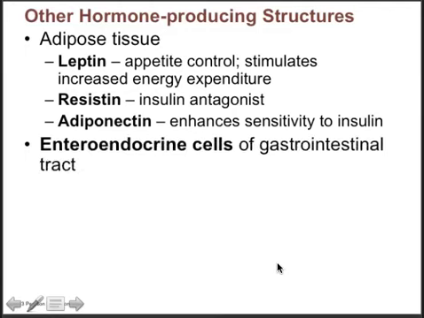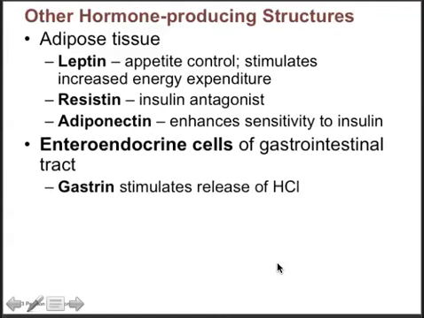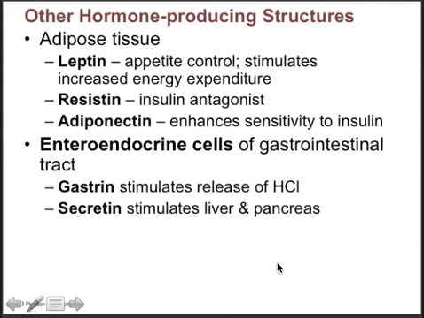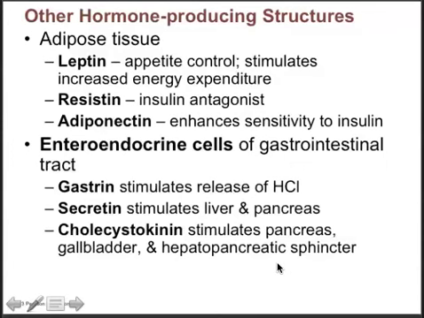There are also enteroendocrine cells in the GI tract, such as gastrin, which stimulates the release of hydrochloric acid from the gastric mucosa in the stomach, and secretin, which stimulates the liver and the pancreas to produce pancreatic juice and bile in equal amounts.